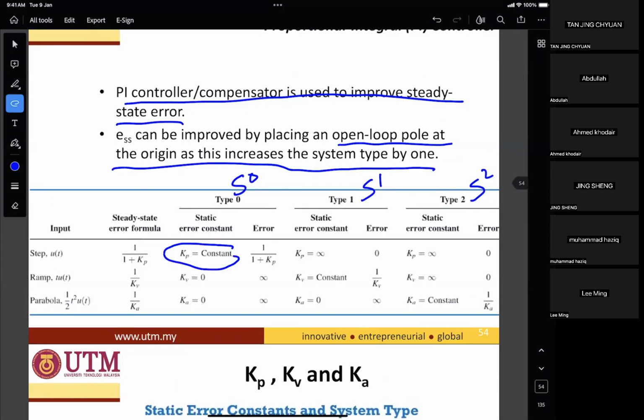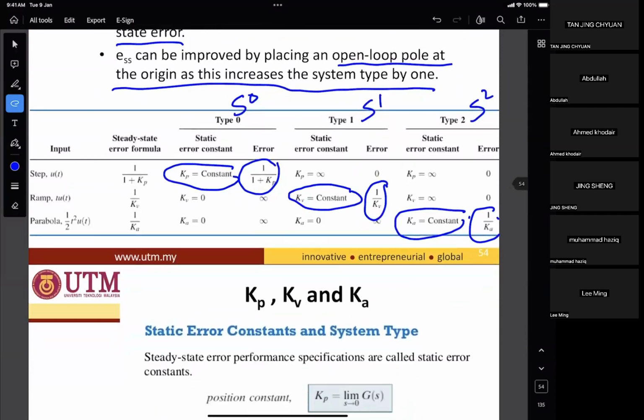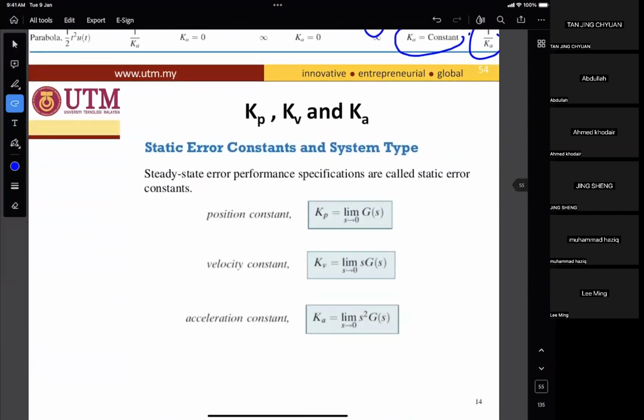For type 1, we use Kv. For type 2, we use Ka. The error formulas are 1 over 1 plus Kp for type 0, 1 over Kv for type 1, and 1 over Ka for type 2. So Kp, Kv, Ka are very important for time domain and especially for the frequency domain, because we need to calculate Kp, Kv, and Ka using formulas and the graphical representation.